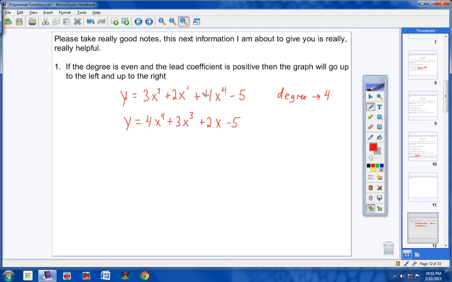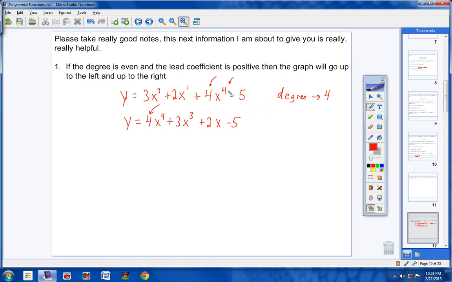In other words, the lead coefficient is the first coefficient after you've written it in general form or standard form. Some books call it both ways. You don't need to write it in this form, just as long as you know that this is your highest power. So your lead coefficient is the coefficient with that variable. Or you can write it in this form if you want to, and then this number ends up being first. I really don't care.